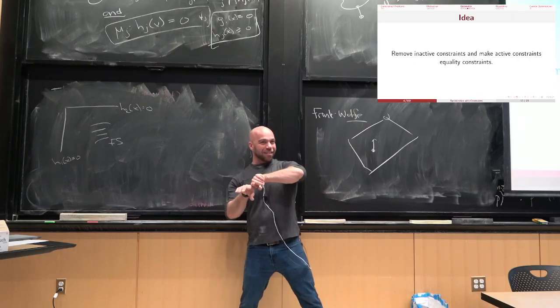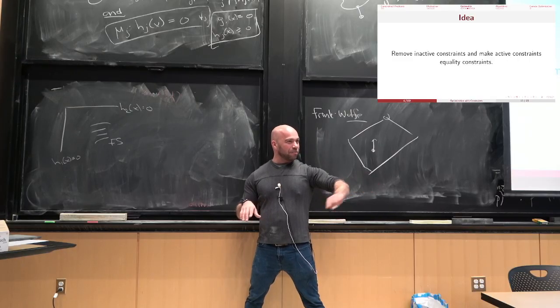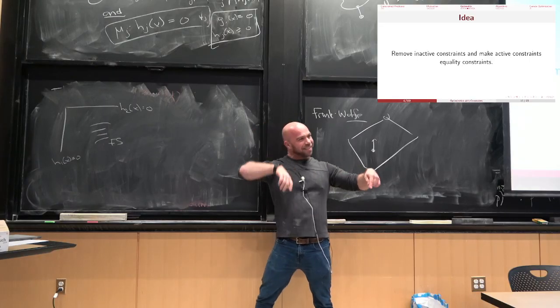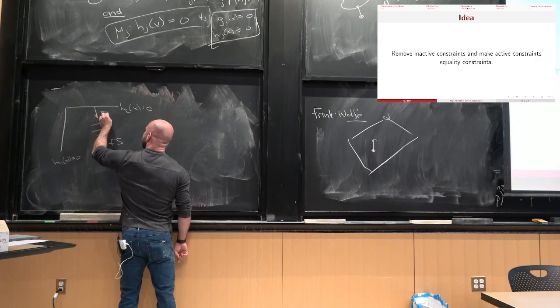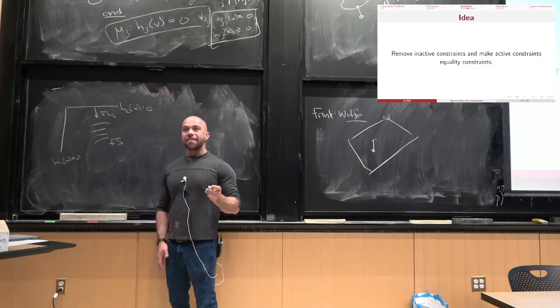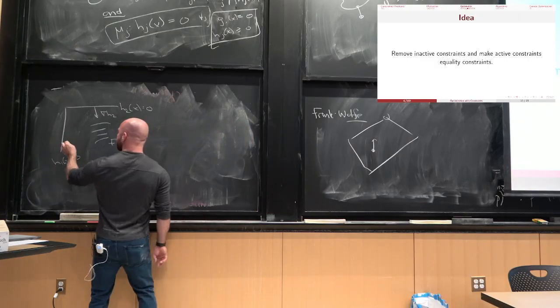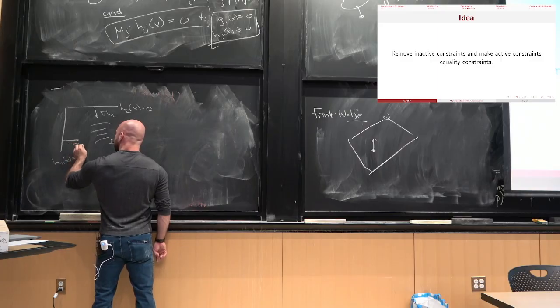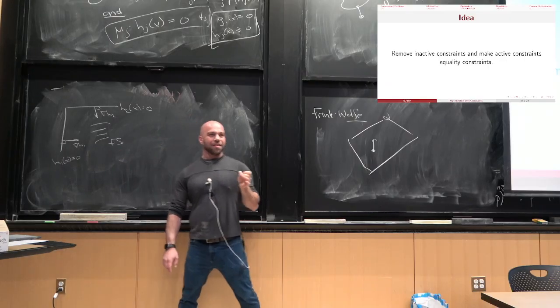Remember that the gradient is the direction that increases our function, despite the phrase gradient descent. Gradient descent goes along minus the gradient. So I claim this is grad h2. It points to the inside of the feasible set. And similarly, this is grad h1. And by the way, they meet at 90-degree angles because that's what gradients do. With me so far?